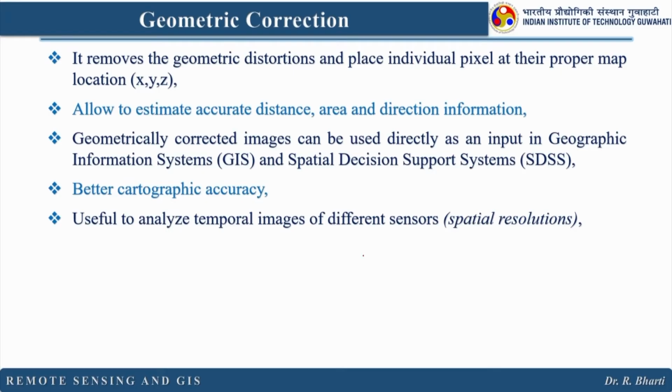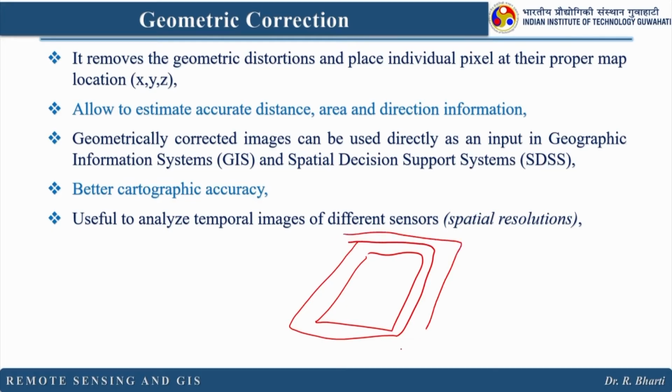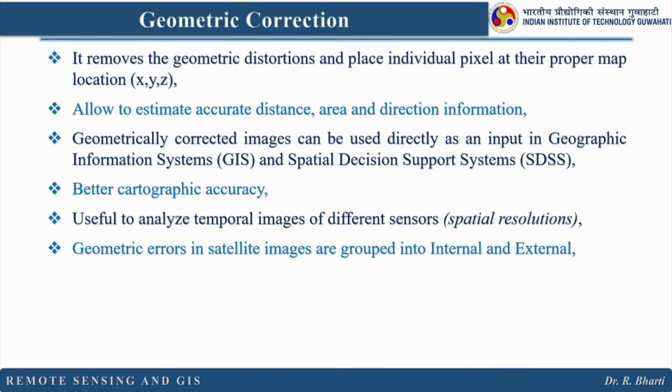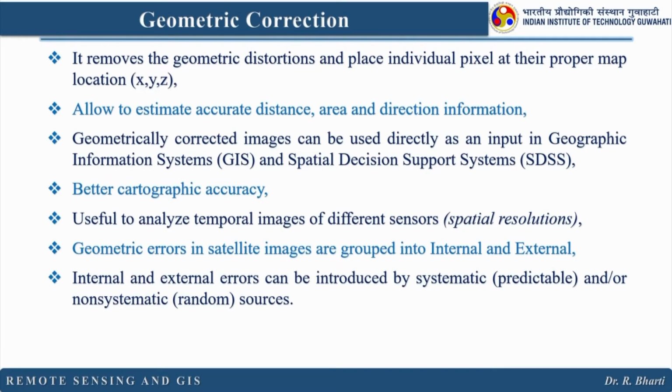Then only the one image captured by x will be exactly covered by y and then exactly covered by z. So, this is the case when you have geometrically corrected image, right. Now, geometric errors in satellite images are grouped into internal and external categories, right, and internal and external errors can be introduced by systematic and non-systematic or from both.